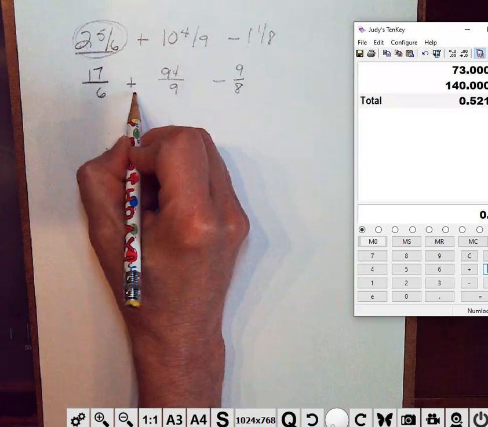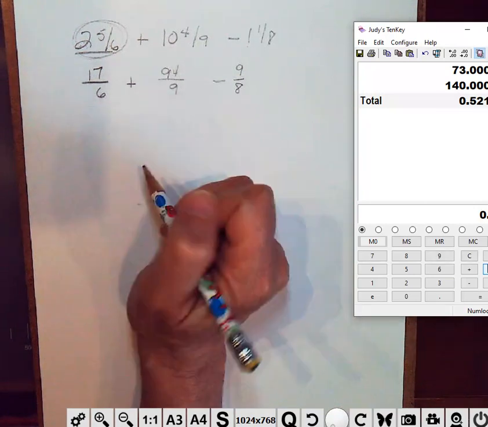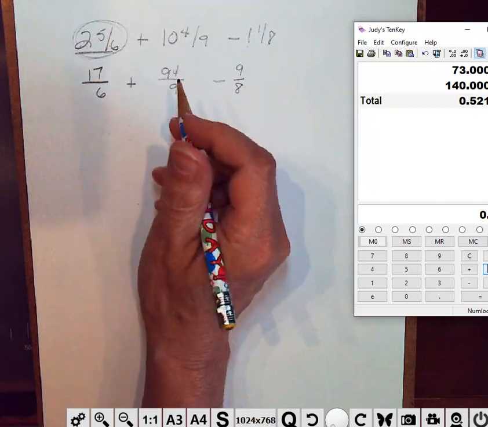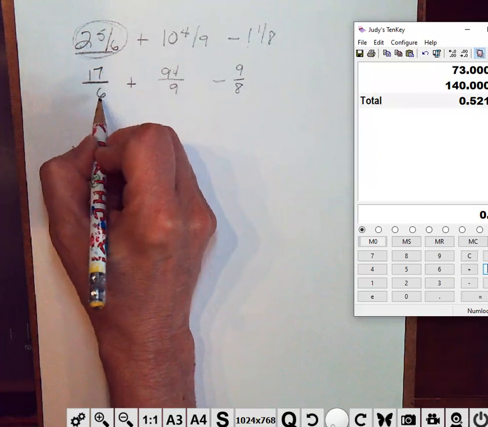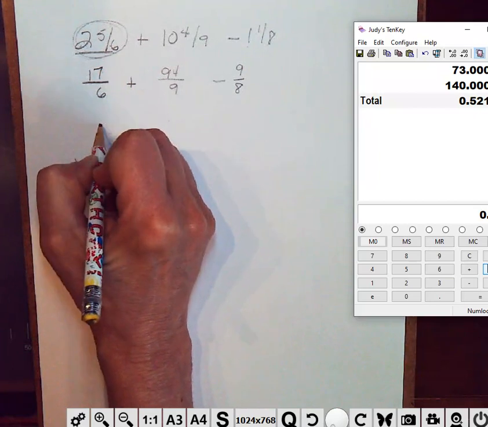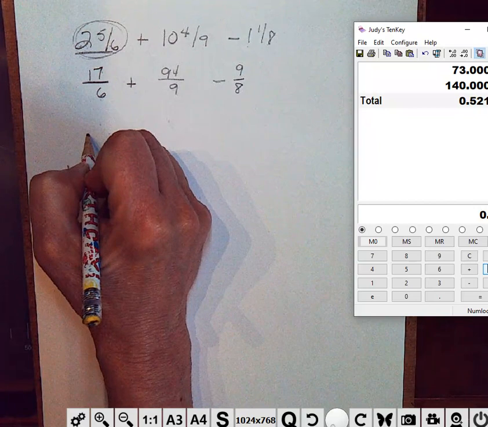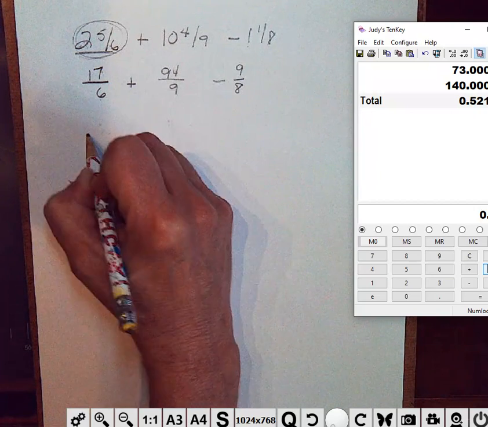I cannot add and subtract fractions if their denominators are not the same. So what we can do is divide the numerator by the denominator to get the decimal, and I can put that into memory. I'm using the calculator on this part, you guys.